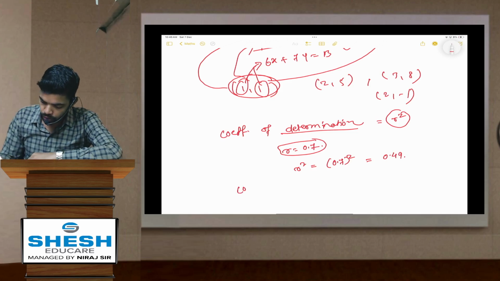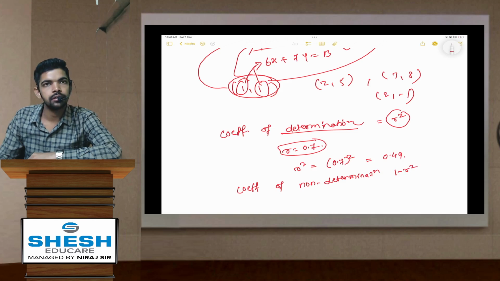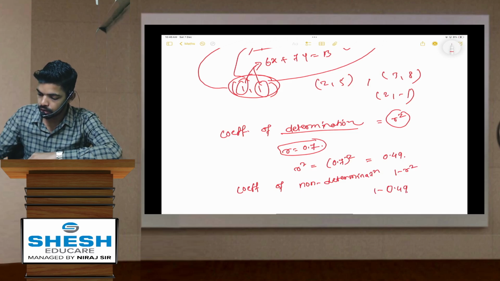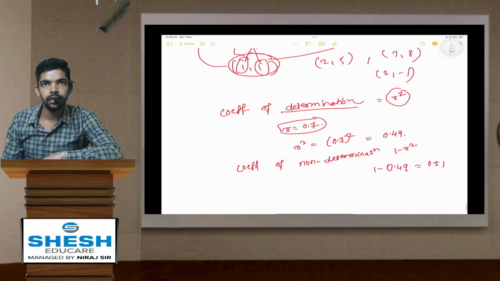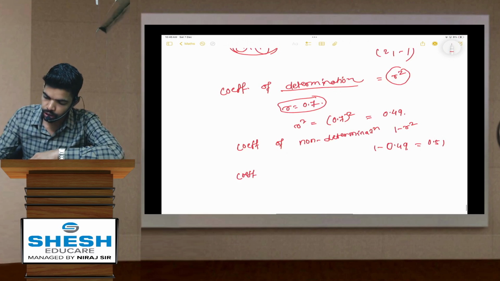Now coefficient of non-determination. It is given by 1 minus r square. So 1 minus 0.49, which is 0.51. Okay, this is how we calculate.